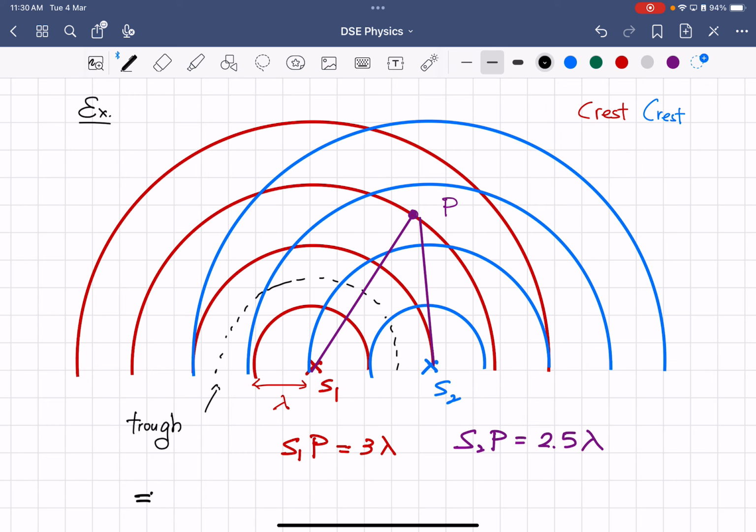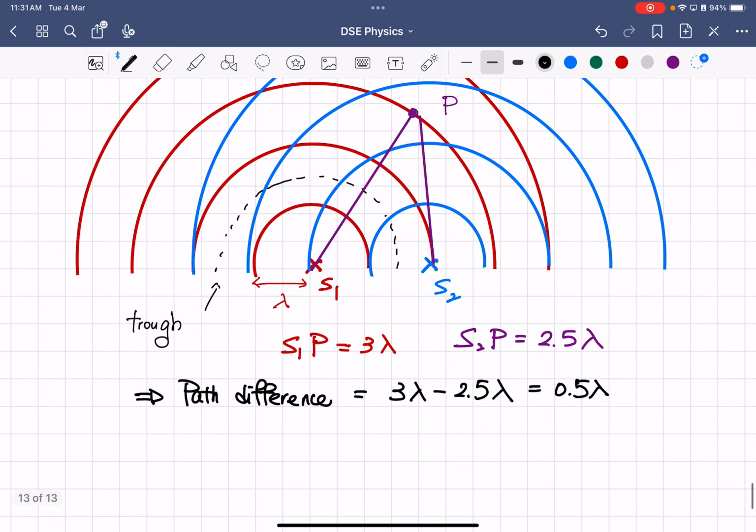Therefore, in this case, I can find the path difference. The path difference here will be 3 wavelengths minus 2.5 wavelengths. So you get 0.5 wavelength. So you can conclude that you have destructive interference at P.